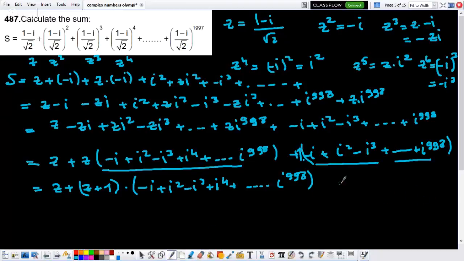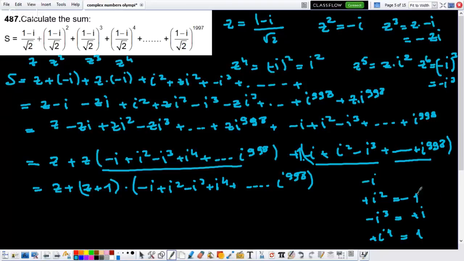Now we have minus i, then plus i square, which is equal to minus 1, and minus i cube, which is equal to plus, normally i cube is equal to minus i, and minus of that is going to be plus i, and i to the power of 4 is not going to change, it is equal to 1, because it has a plus sign.